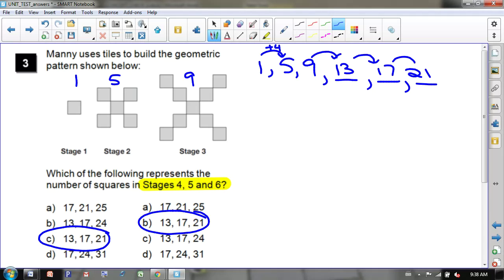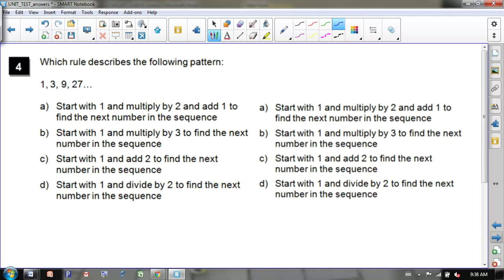and in version B is answer B. For question 4, which rule describes this pattern? Well, it starts with 1, but we have to look to see what happens every time. From 1 to 3, it could be add 2, but from 3 to 9, that doesn't continue.